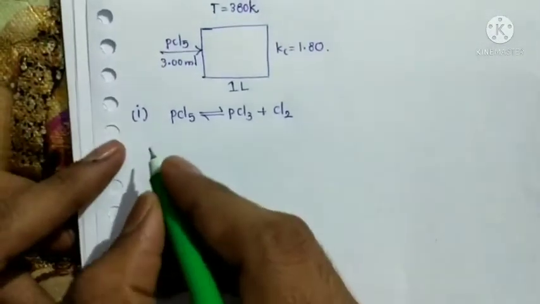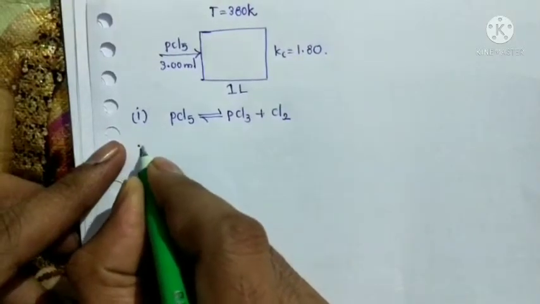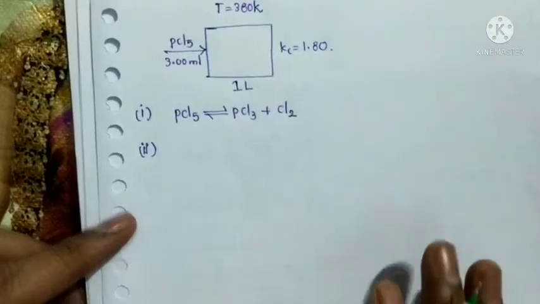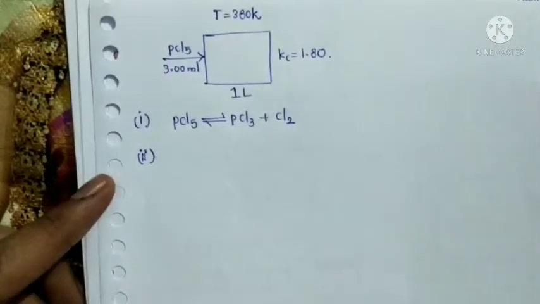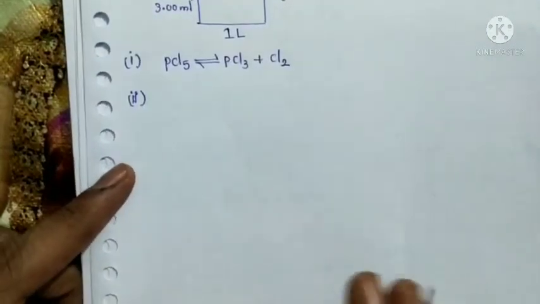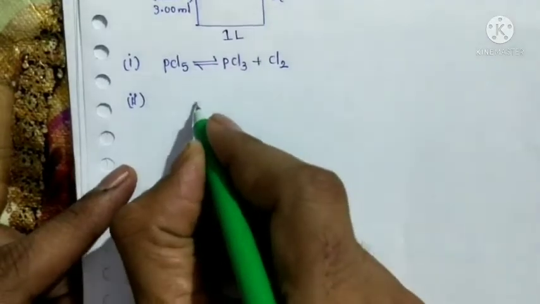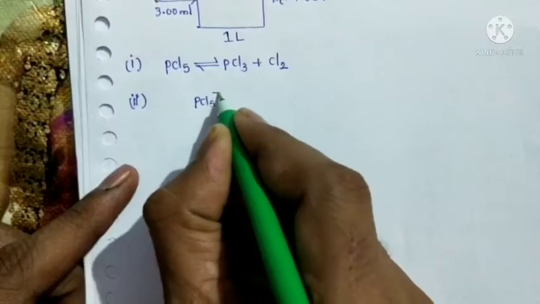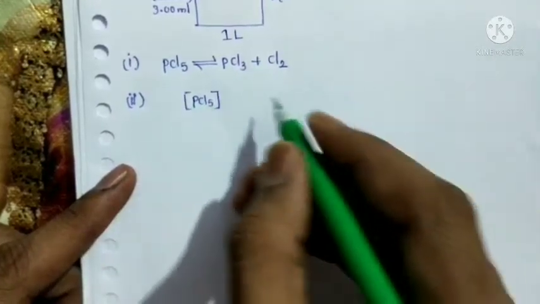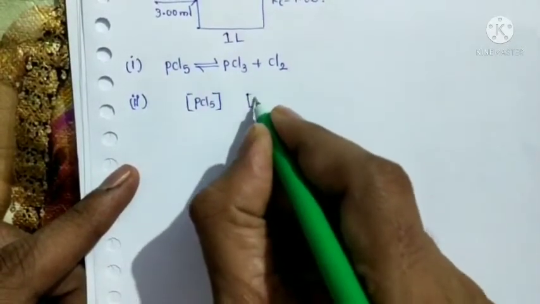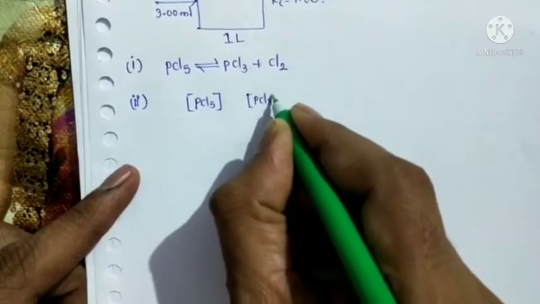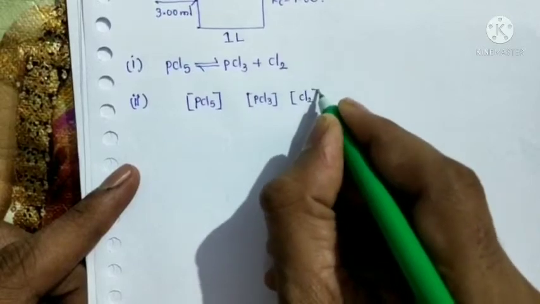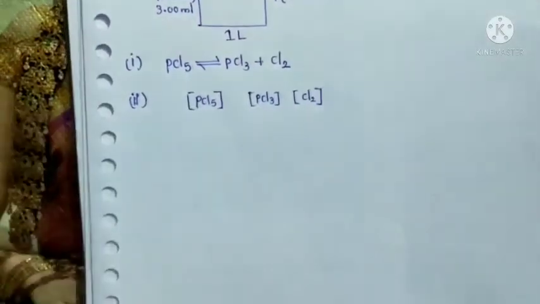Next, we create a tabular form. It is very important. In this table we write the phosphorus pentachloride concentration, the phosphorus trichloride concentration, and the chlorine concentration.